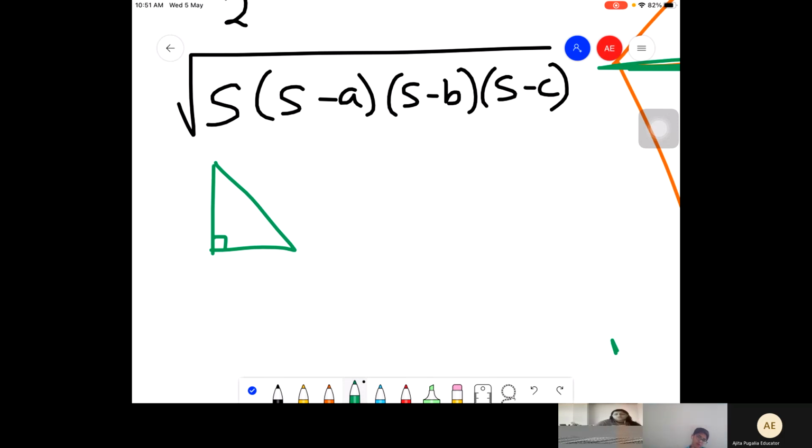Which equation? The Heron's formula or half times base times height. Half into base into height is the easiest formula to apply here, right? Yeah, because this will always be the height and this will be the base for a right angle triangle. Exactly. So why go for the other formula which is way more time taking and tougher?